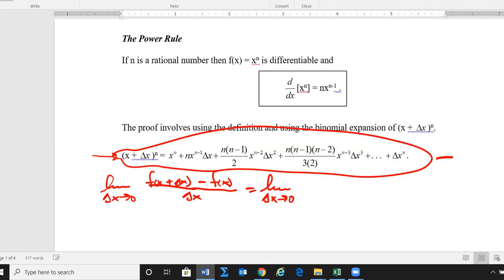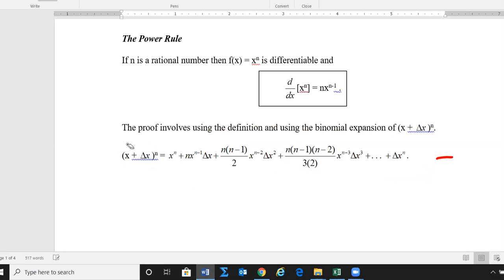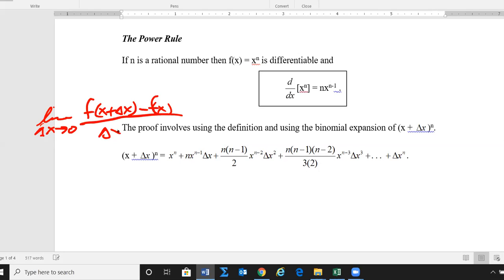So let me take a step back here. I just want to make this a little easier. So in other words, we have a limit as delta x goes to 0 of f of x plus delta x minus f of x over delta x.